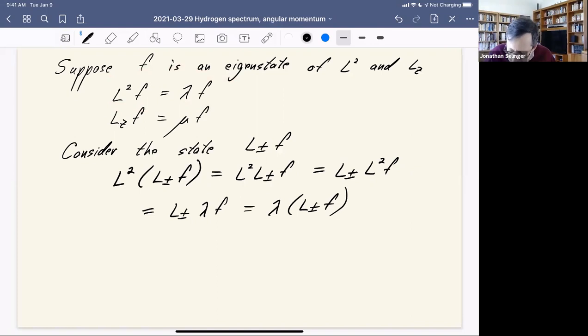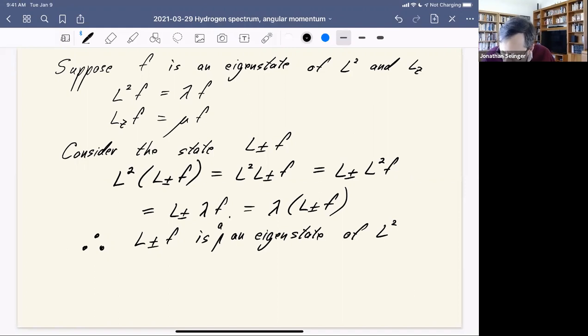So, therefore, L plus or minus acting on F is an eigenstate of L squared. I should say it's also an eigenstate, right? We had one eigenstate of L squared.